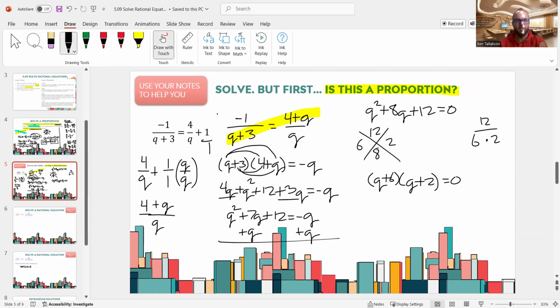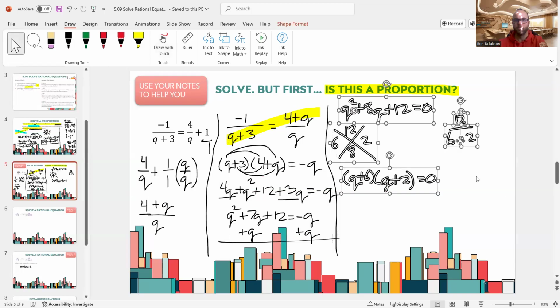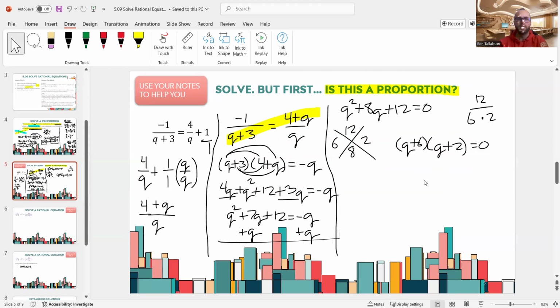And I'll kind of divide this so it's organized for you. We're not going to check for extraneous all day long, but for these first few problems, it's good to get in the habit of doing that. Okay, here we go. Let's check it out.